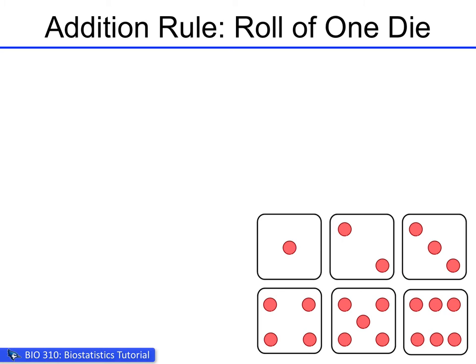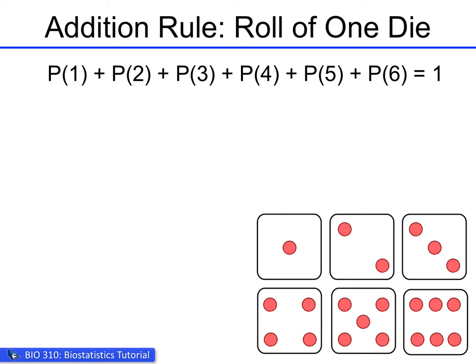All right, so whenever we're doing any probability question, we have to consider the entirety of our probability space. So what this means is that we have to think about all of the possible outcomes, and then the probability of all of the possible outcomes has to add up to 1.